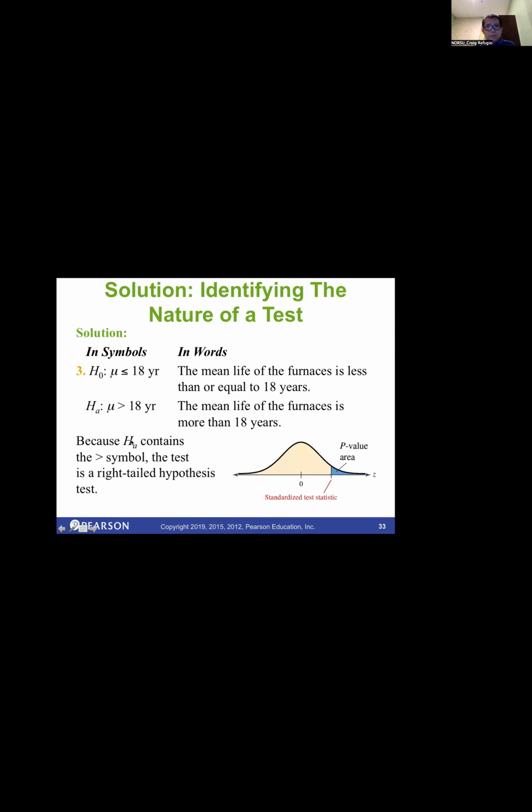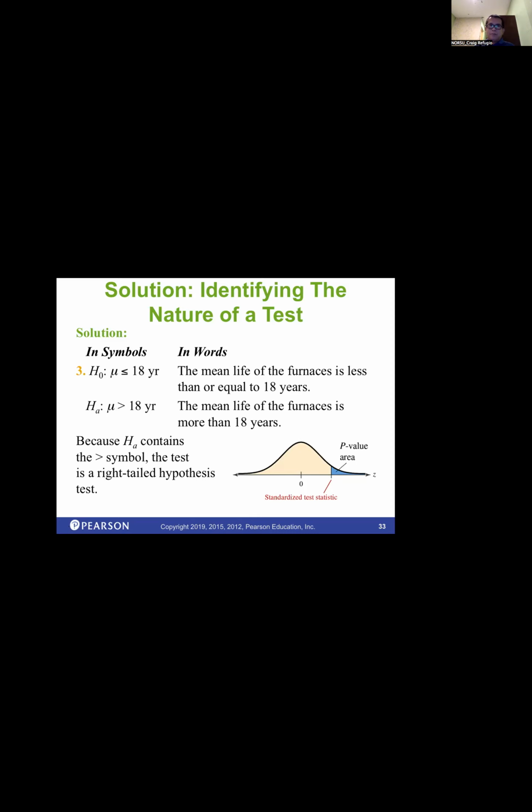So in terms of the formulated HA, mu is greater than 18 years. So we have greater than, that's going to the right side. So this kind of hypothesis test is actually a right-tailed test. Again, our basis of saying left-tailed, right-tailed, or two-tailed is the alternative hypothesis.